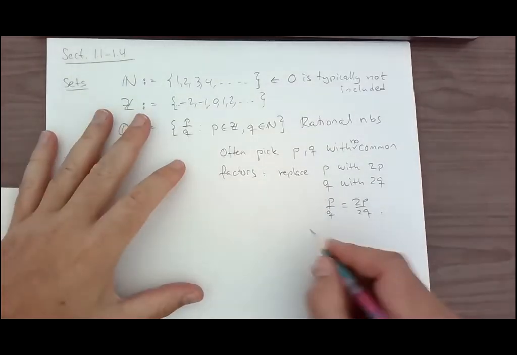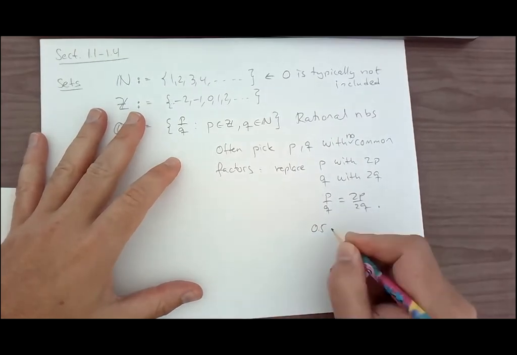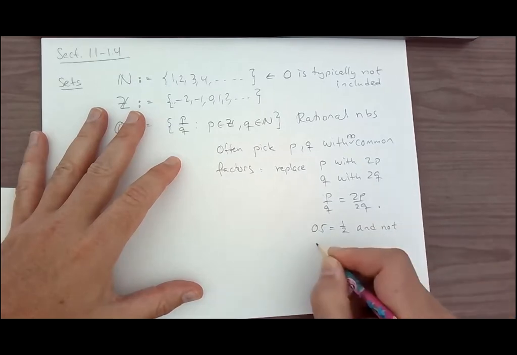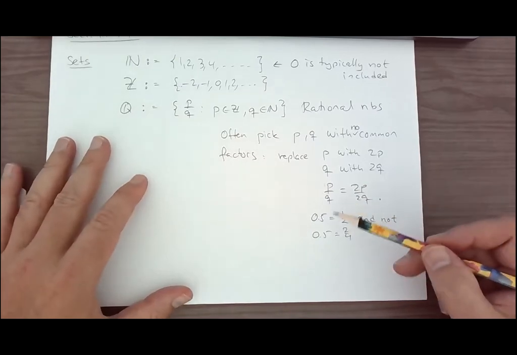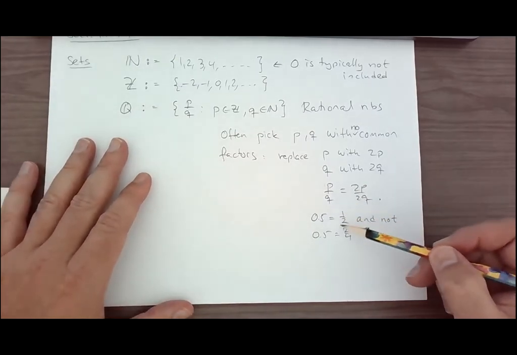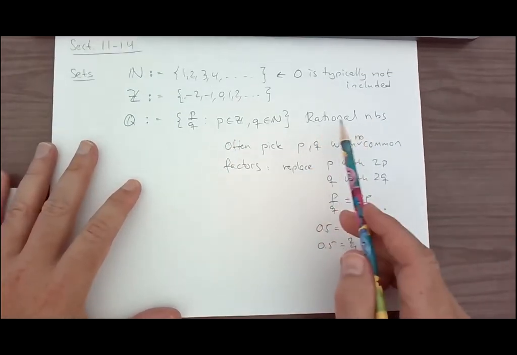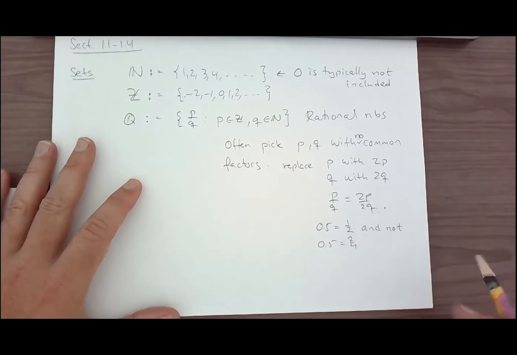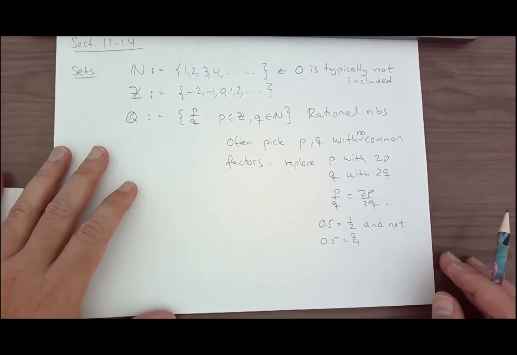We'll write a half, like 0.5, as 1 over 2 and not 2 over 4. We would prefer to write it in the first form. Of course, they're the same. But representation with no common factors just means that we have factored out as much as we could. So 2 over 4, we can do better and write it as 1 over 2.